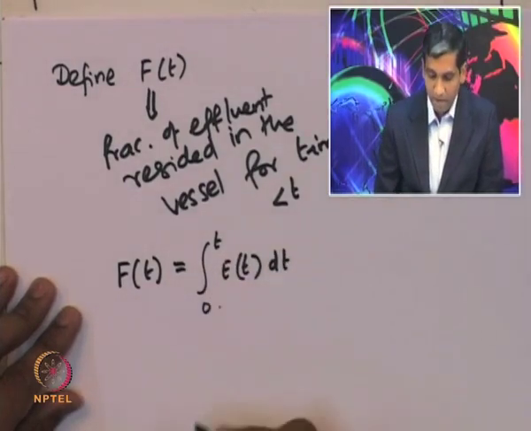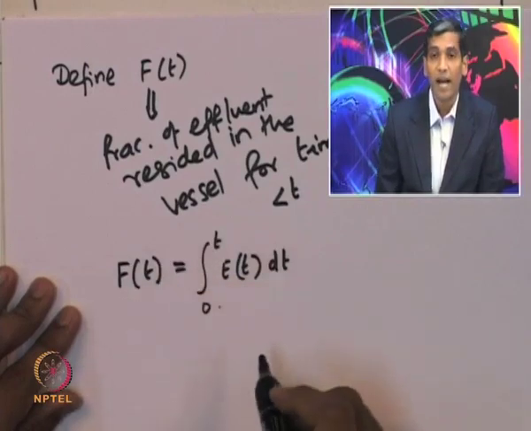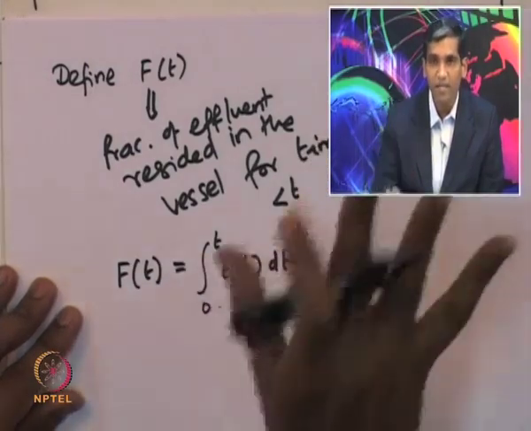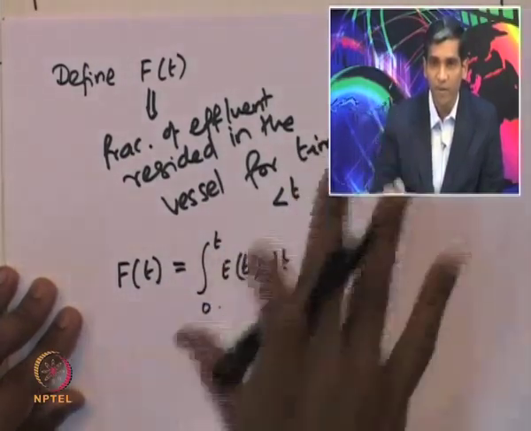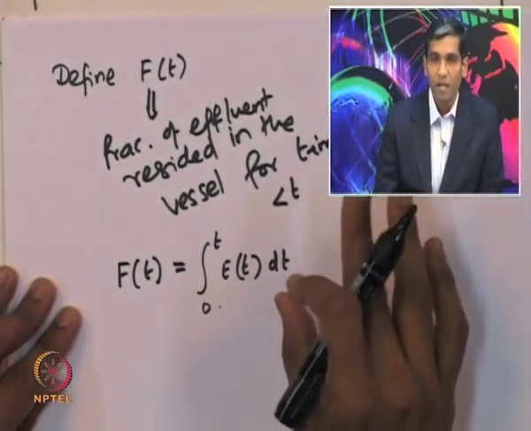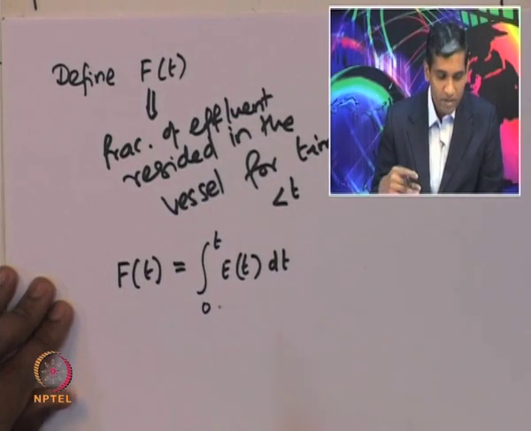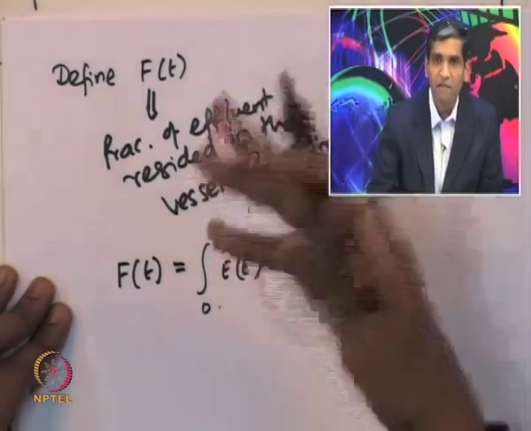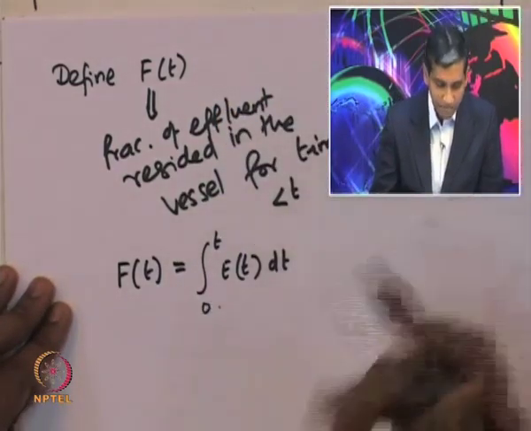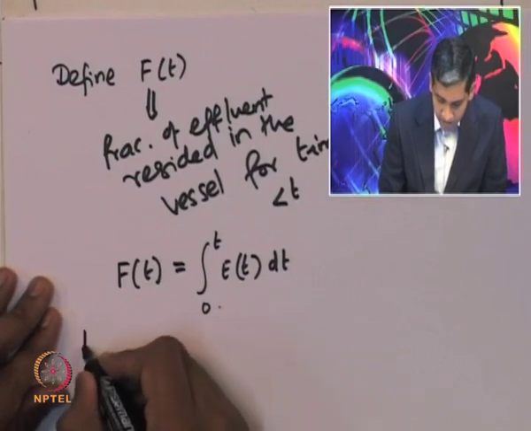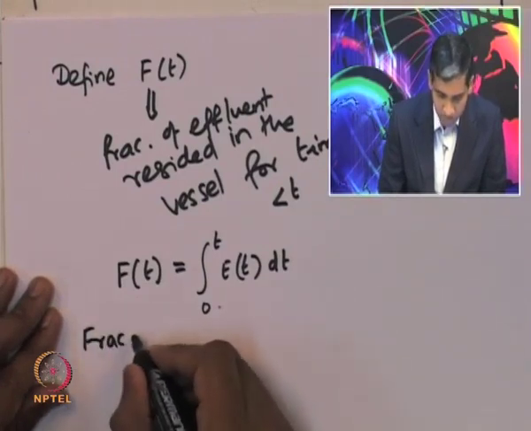That is the fraction of the effluent that has resided inside the vessel for a time less than t. One can also define the fraction of the material residing inside the reactor for a time longer than t.